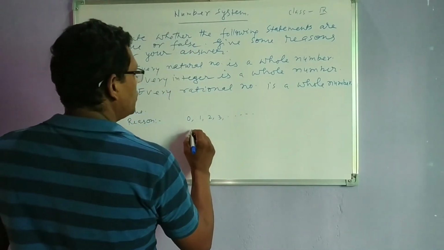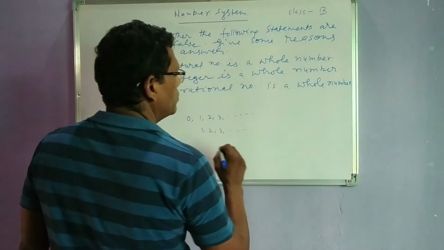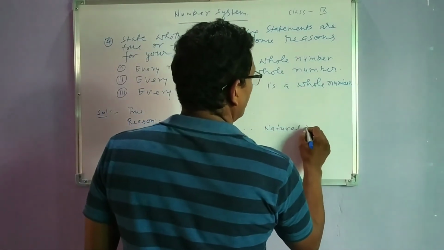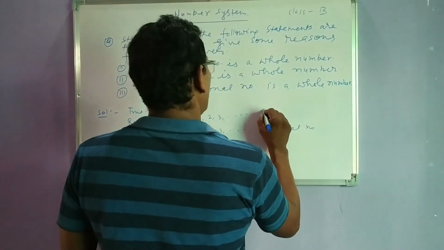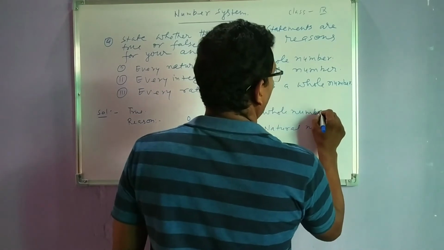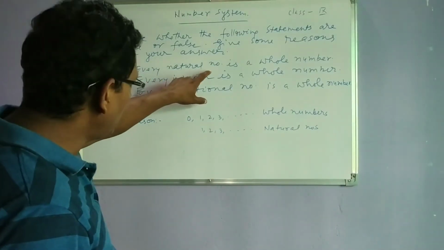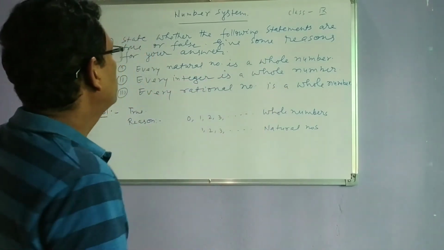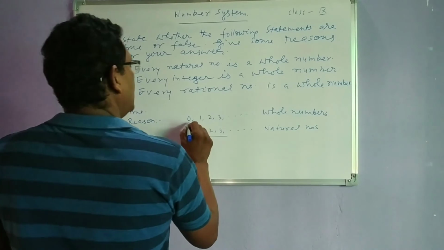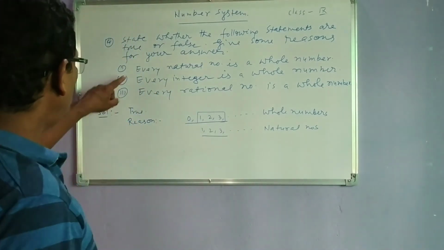And natural number starts with 1, 2, 3, and so on. This is natural number. This is whole number. So every natural number is a whole number. This natural number falls in the set of whole number. So this is true.